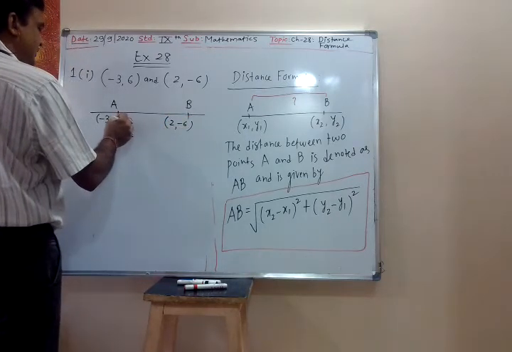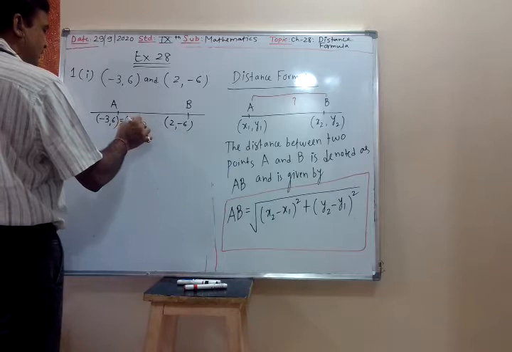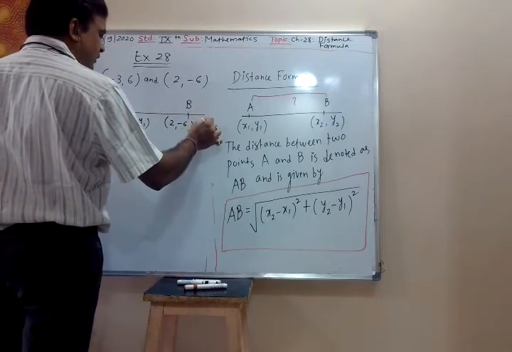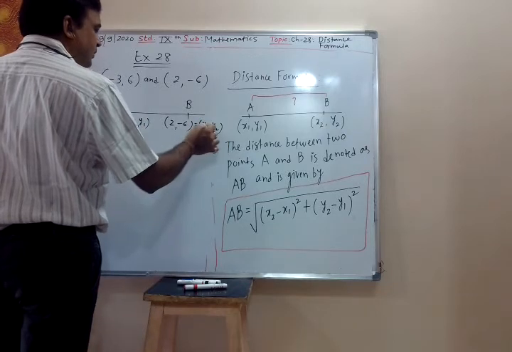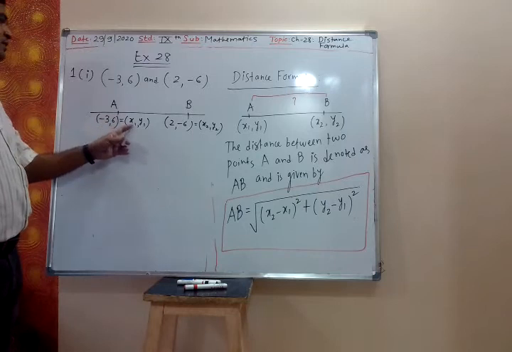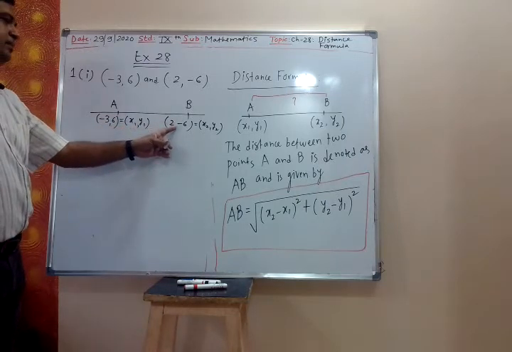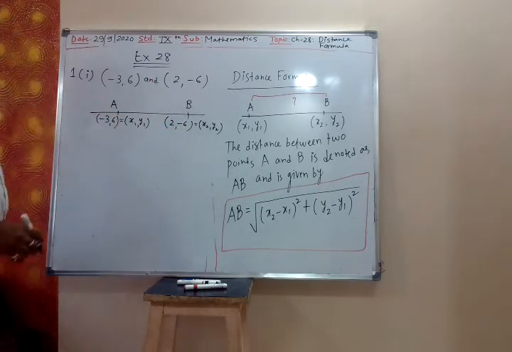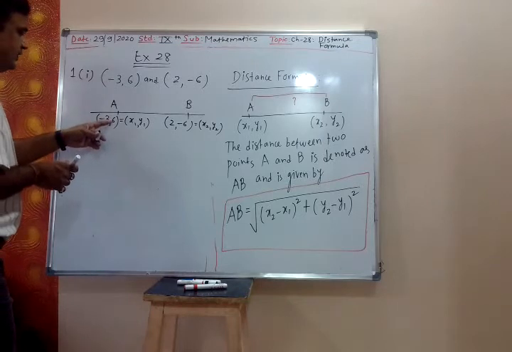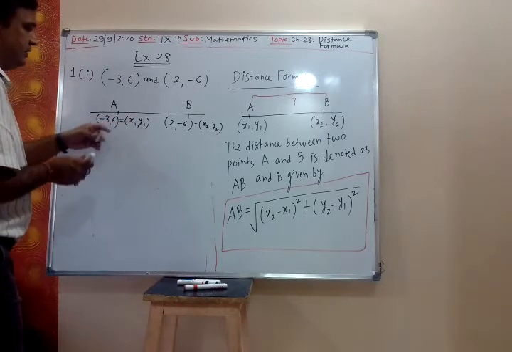You take this as x1 y1 and you take this as x2 y2. Take the first point as x1 y1, the second point as x2 y2. So when you compare the coordinates minus 3 comma 6, I will take x1 y1.